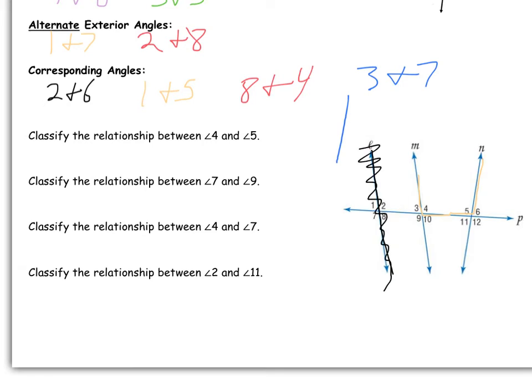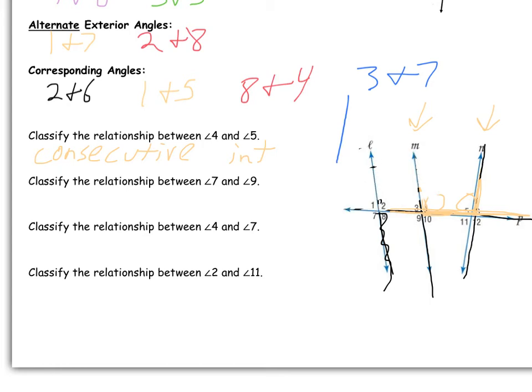We're focused on the transversal and these 2 lines, and specifically angle 4 and angle 5. Well, we notice that they are in between these 2 lines, which makes them interior. We also notice they are on the same side of the transversal, which means they are consecutive or same side interior angles.